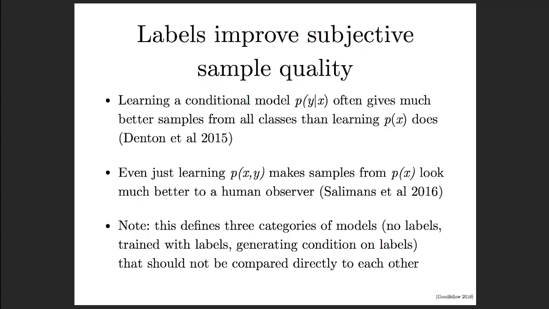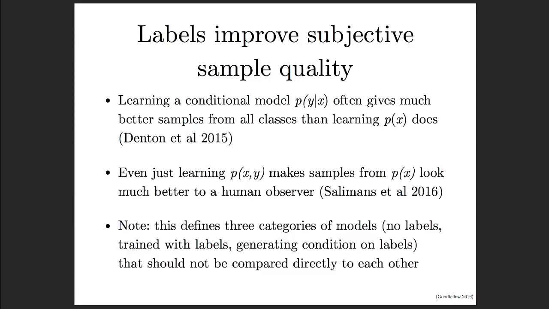The first really big tip is that labels turn out to really improve the subjective sample quality a lot. As far as I know, this was first observed by Emily Denton and her collaborators at NYU and Facebook AI Research, where they showed that back when generative adversarial networks didn't work very well at all, you could get them to work really well if you made them class conditional.